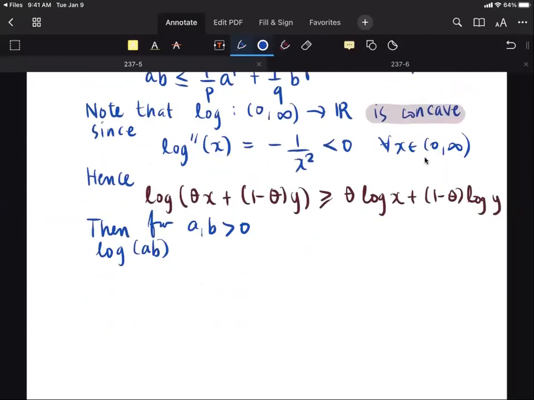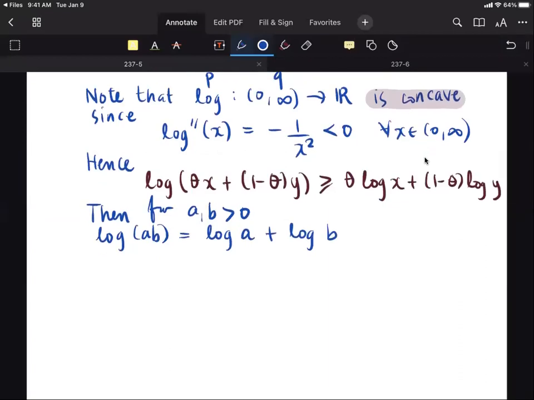So suppose a and b are positive. Okay. The log of the product is the sum of the logs. And the log of the power, a raised to p. So to cancel the power, we need to multiply 1 over p. And then similarly, in this case, 1 over q log b raised to q.